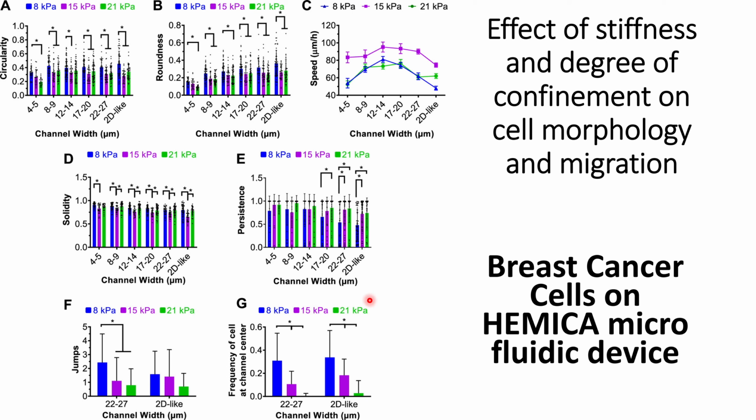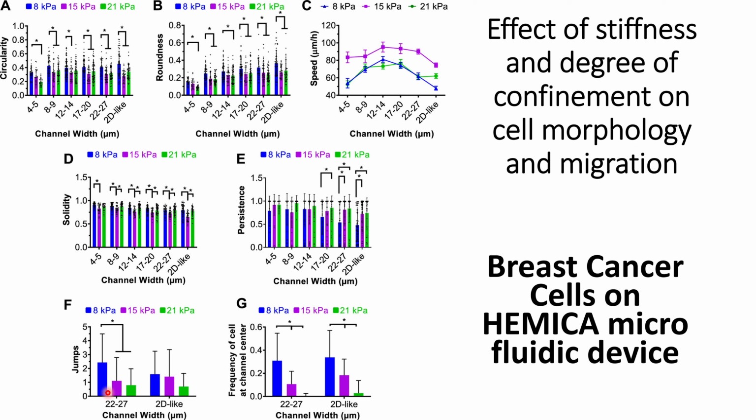And after that, they checked channel-guided migration, that is, guided migration through these jumps and the frequency of the cell at the channel center. This guided migration usually occurs at high channel width.